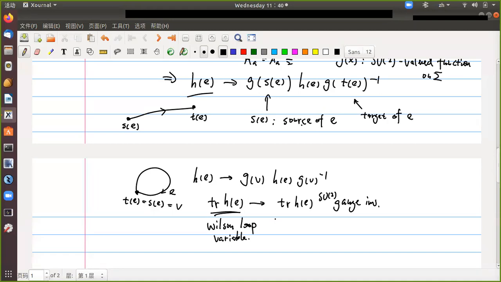Historically, people invented the quantization scheme for the Ashtekar variable. In that scheme, people used the Wilson loop variable as the fundamental variable. Since the theory has developed for almost 30 years, it turns out people use fewer and fewer Wilson loops, and more Wilson lines.